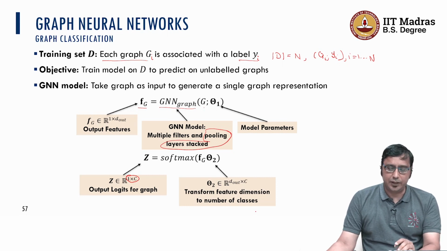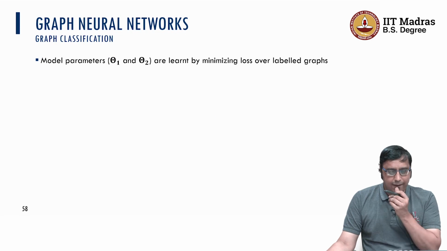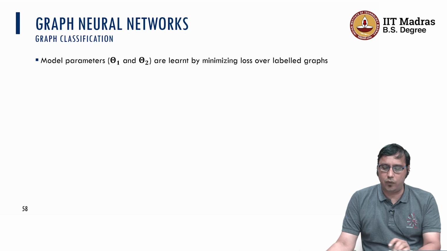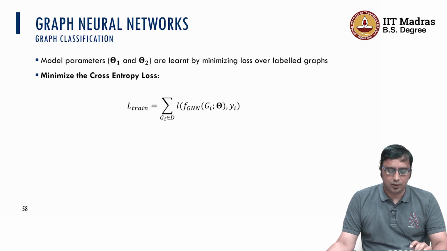Before that, we have to learn these parameters theta1 and theta2. In the same way as in node classification, in graph classification the model parameters are learned by minimizing loss over labeled graphs. Again, we are going to use minimization of cross entropy loss.